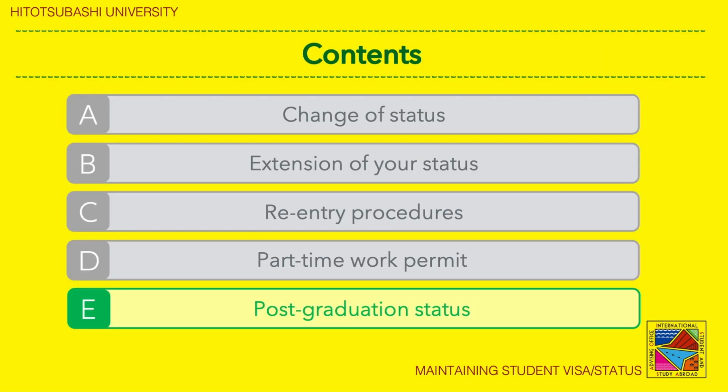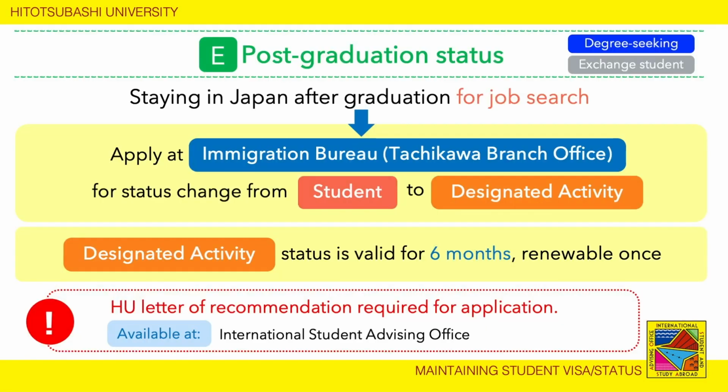Now, the final section talks about postgraduate status pertaining to getting a job or work visas. All right, degree-seeking students, once you are about to graduate and you decide that you want to stay in Japan to look for a job, well, guess what?